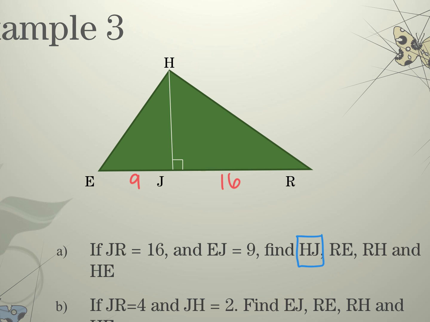Cody? Very good. HJ, write this down, is the geometric mean of the 9 and the 16. So just like Cody said, HJ is this value. You can make it x, right?